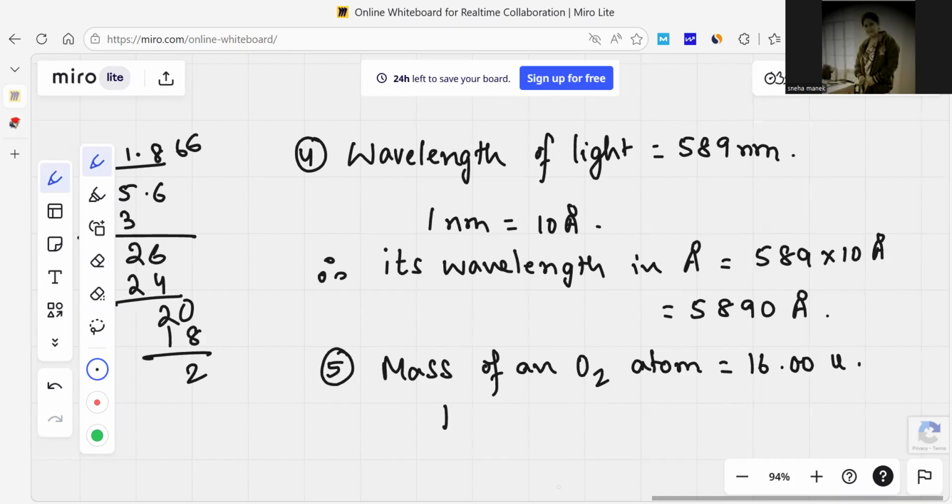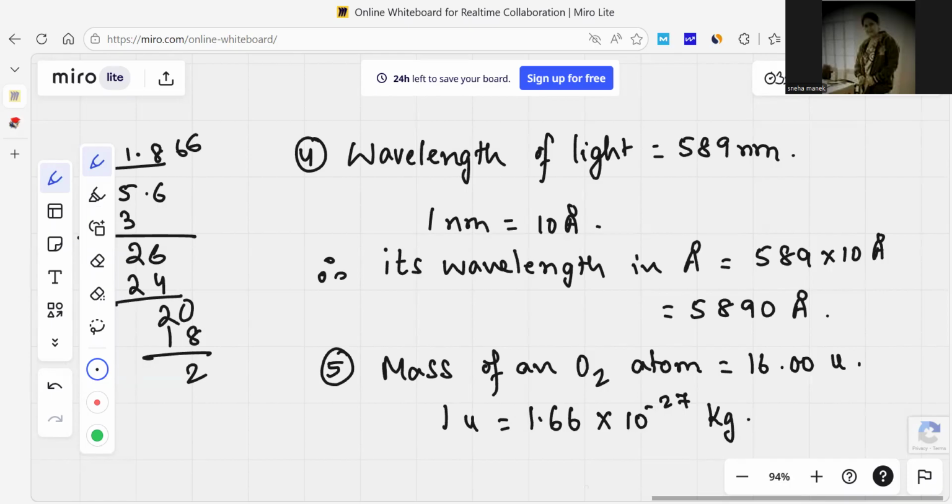As per my knowledge, it depends on whether you are writing correct to 2 decimal places or 3 decimal places. So it should be one atomic mass unit 1.66 into 10 to the power minus 27 kg.